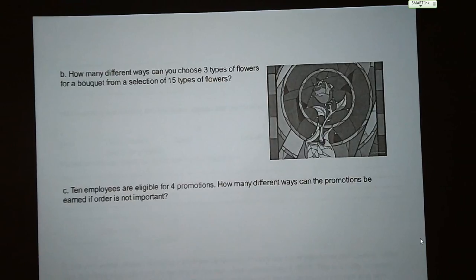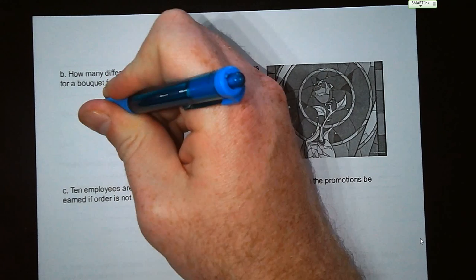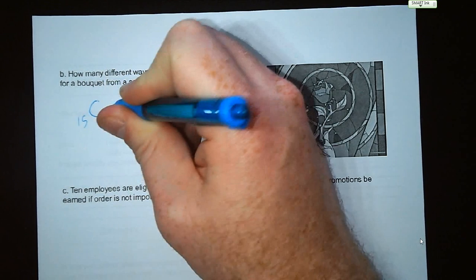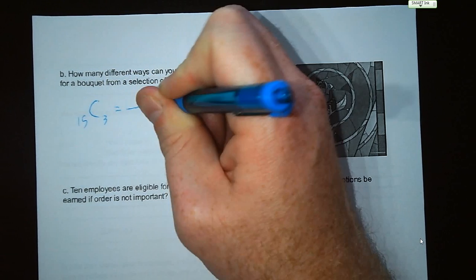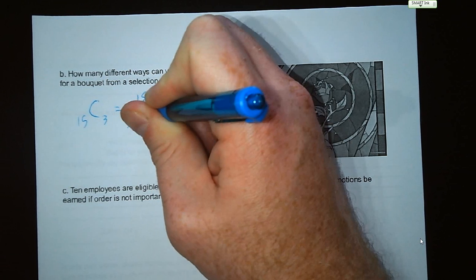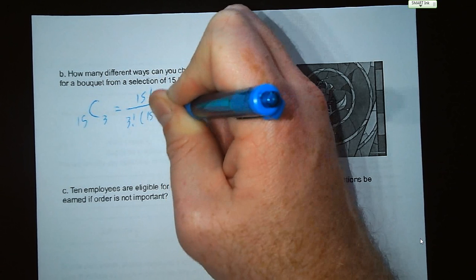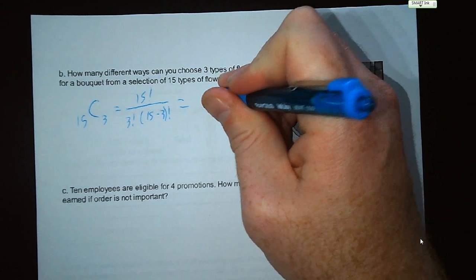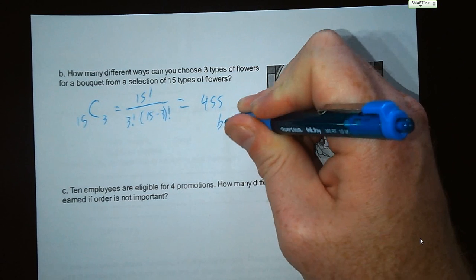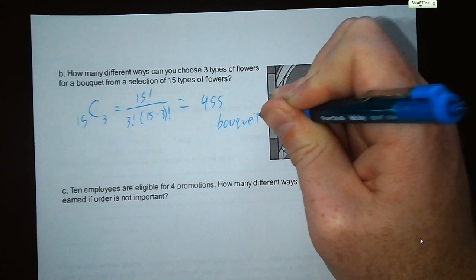Okay. Now, last 2 problems. How many different ways can you choose 3 types of flowers for a bouquet from 15 types of flowers? We have a combination of 15, 3, so that's 15 factorial over 3 factorial times 15 minus 3 factorial. And that's going to give us 455 bouquets.